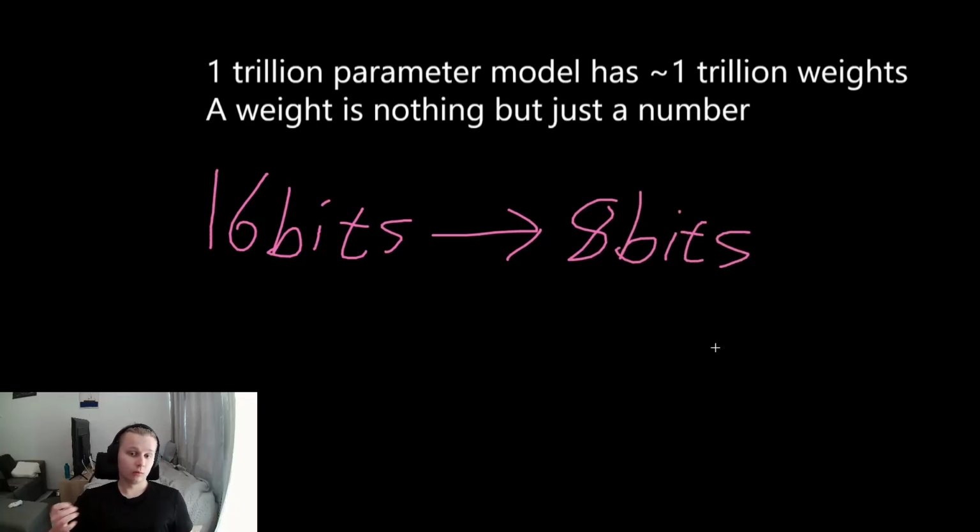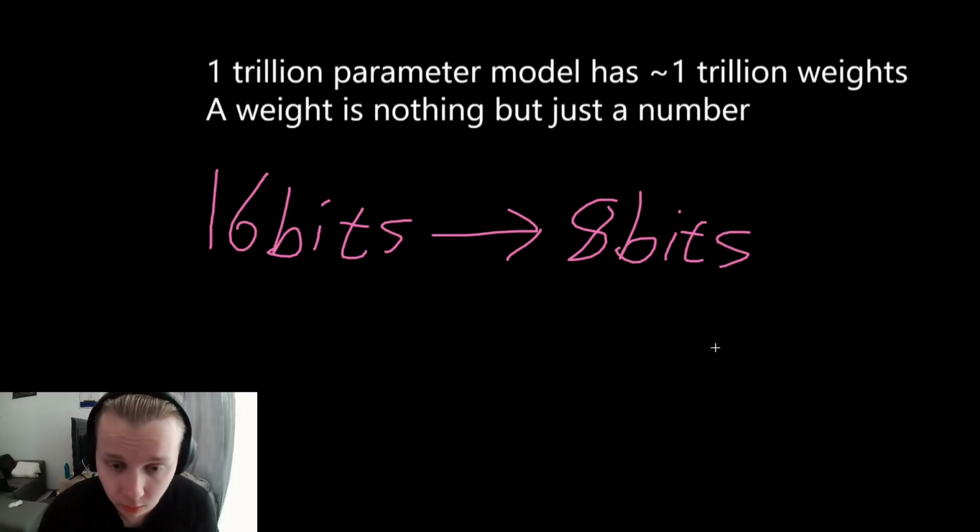That will reduce the model size by a factor of 2, but it actually doesn't reduce the performance of the model basically at all. So the model runs identically while taking 2 times less space and also running 2 times faster, because each weight is now taking only 8 bits compared to 16 bits.